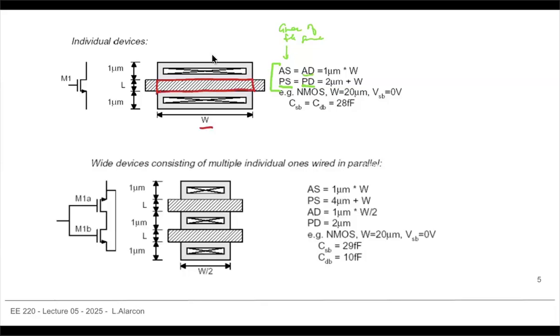I can actually calculate how much CGS or Cox I have. What I don't have is the capacitance, for example, the fringe capacitance over here, or the overlap capacitance, and the capacitance to the substrate.